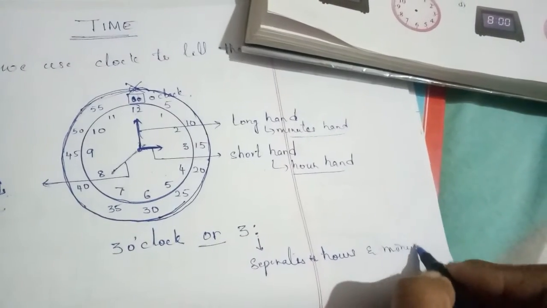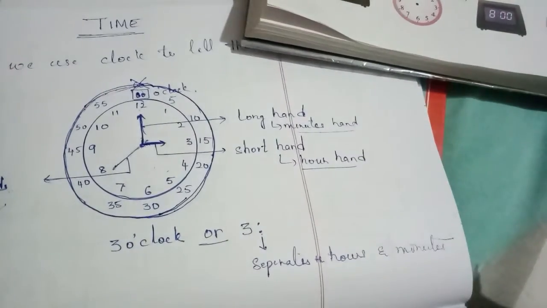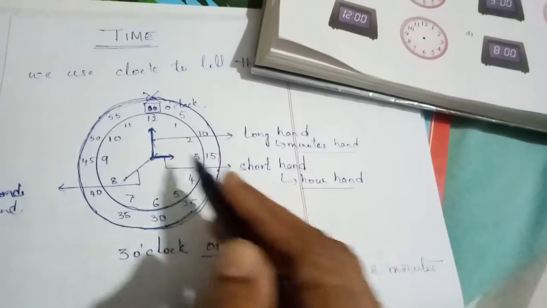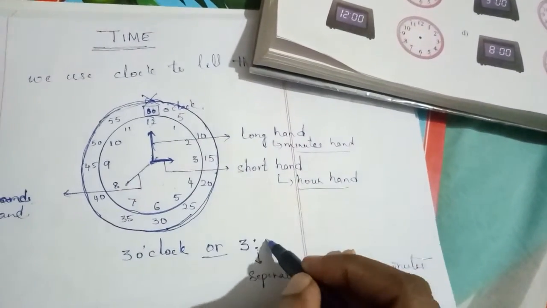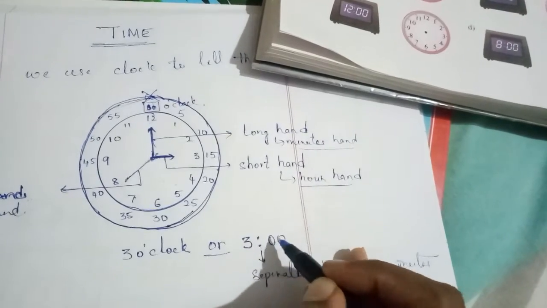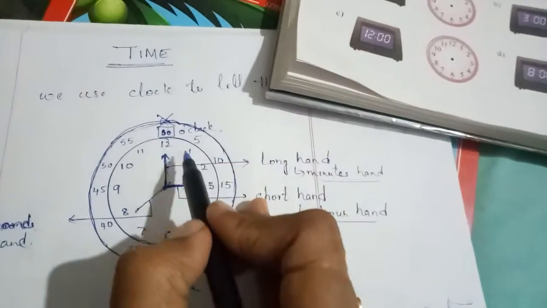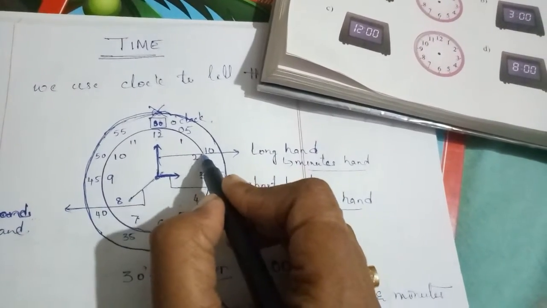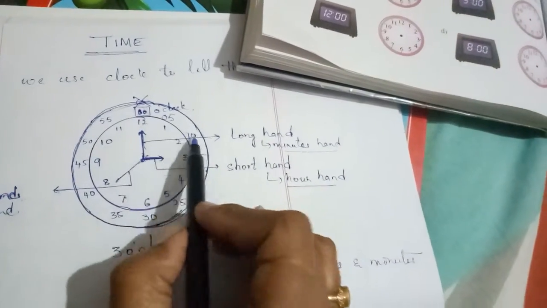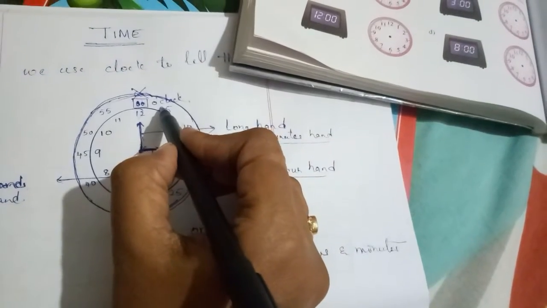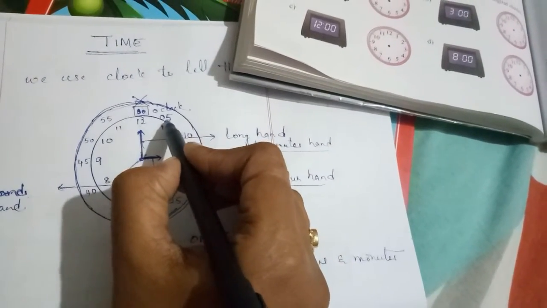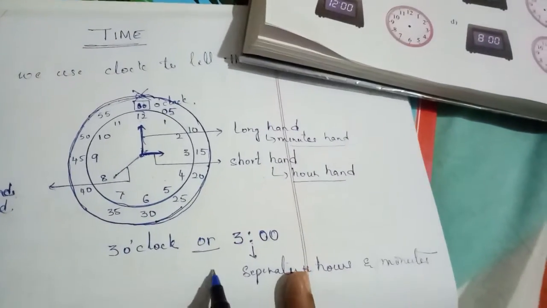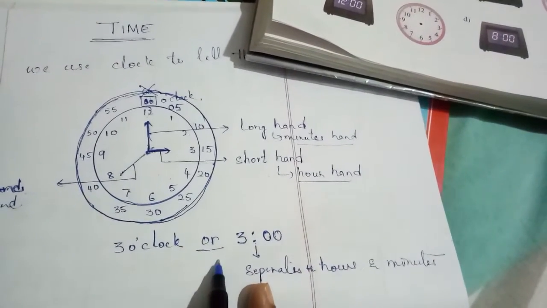Hours and minutes. 3, then 2 zeros should be kept. When you are writing this, here also we should keep 0, then you can understand it like this, because 05 is a single digit number. 3 o'clock.